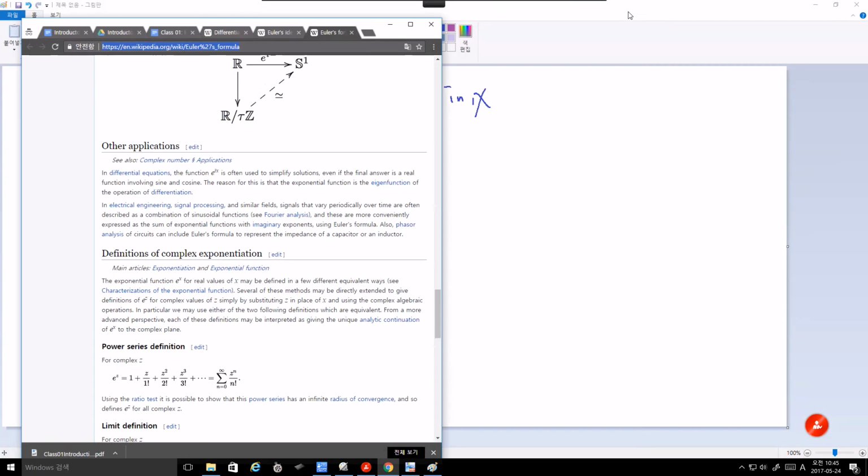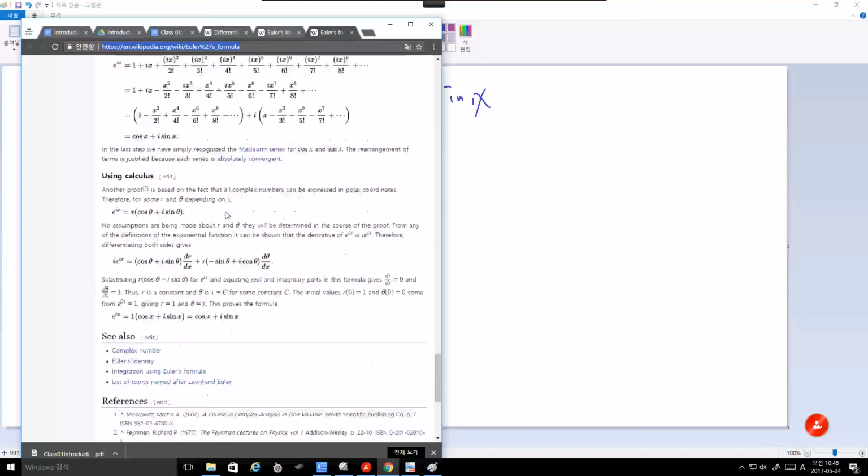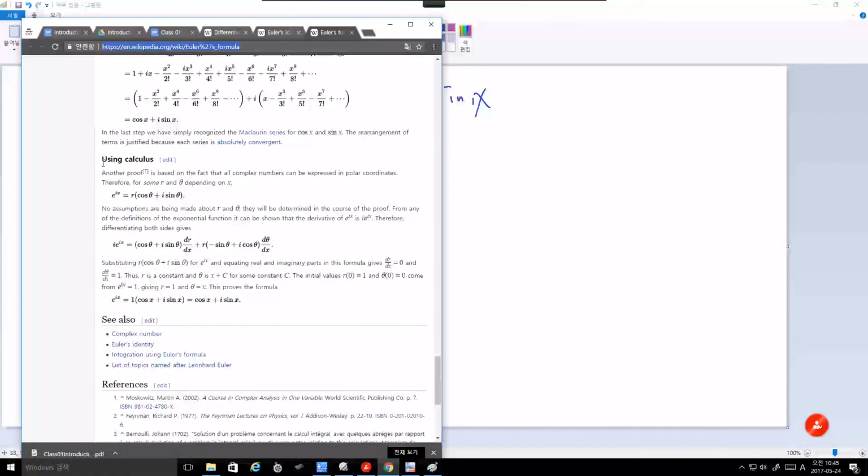Using calculus, we can prove Euler's formula.